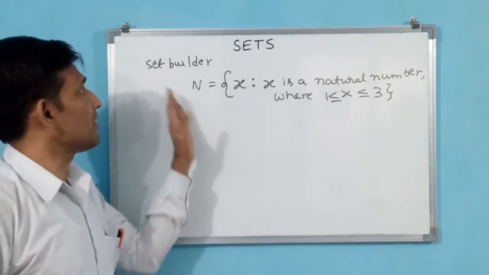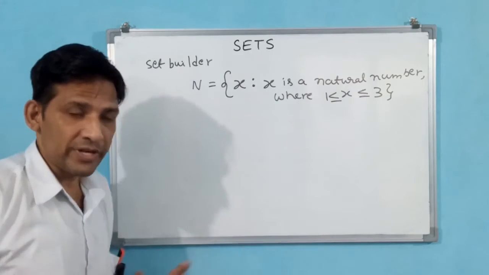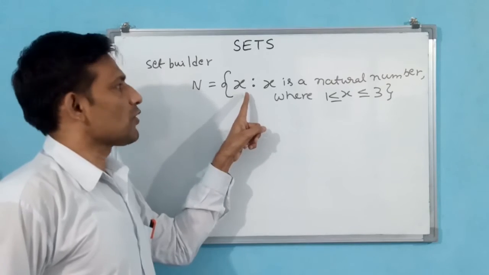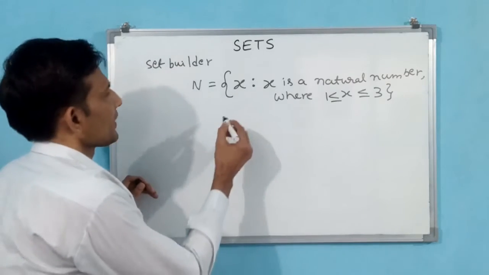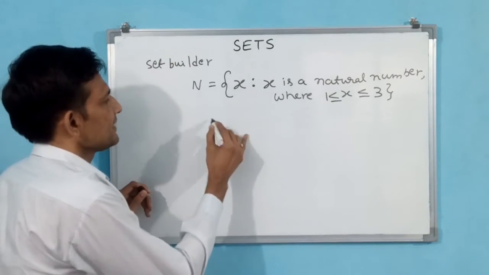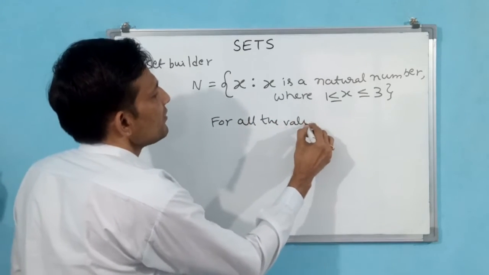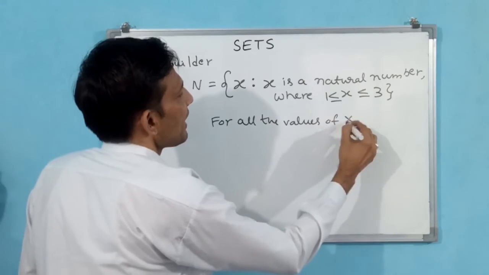Here we have opened the brace, x, colon. This is called colon. This is called set builder form. But how do we have to read this? We have to read this as: for all the values of x.